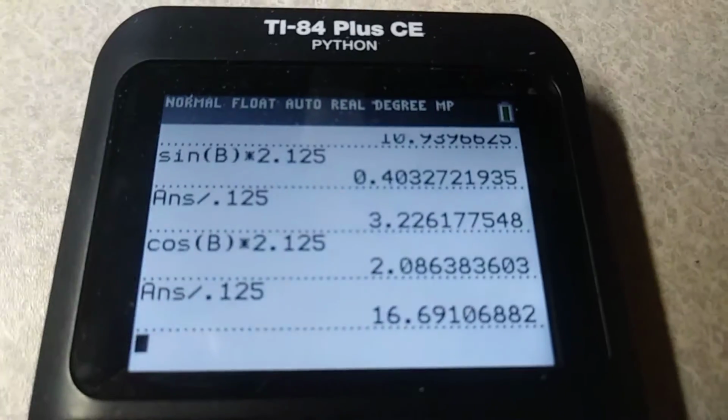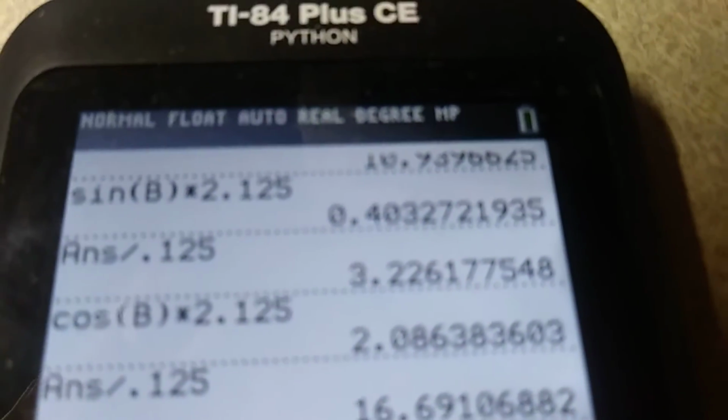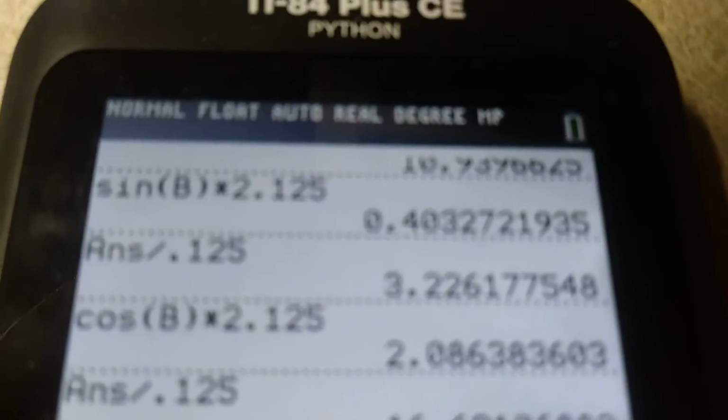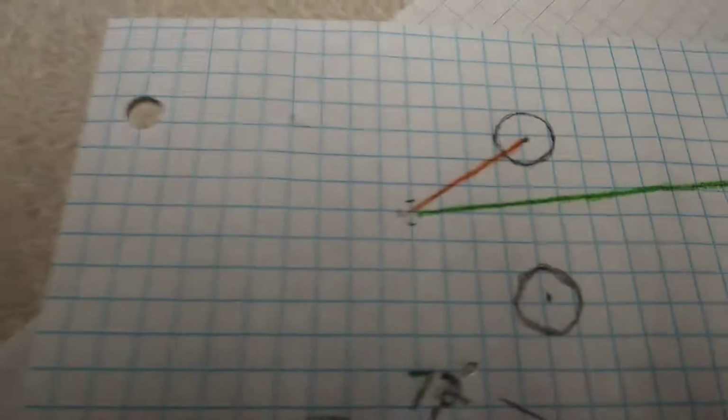And notice that number, that distance in Y is 0.403. Now watch when we do the other one. It'll be the same number.